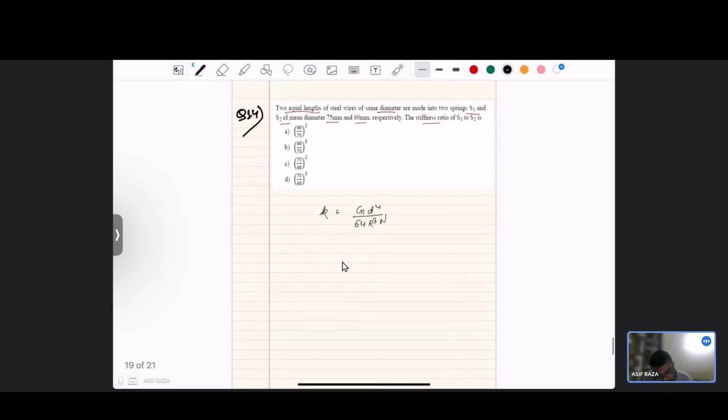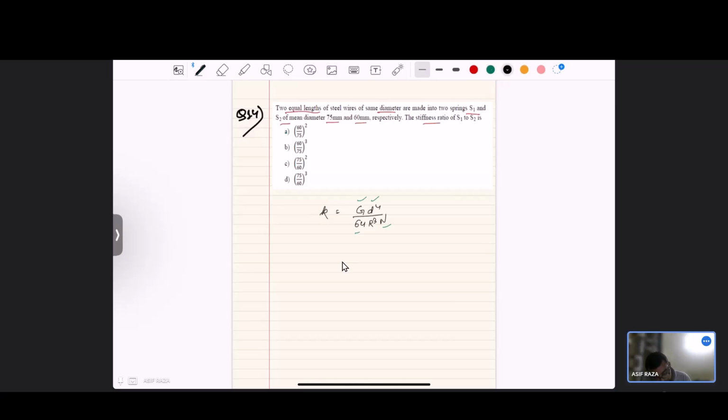Now in this question, G is the same, d is the same, and R changes.